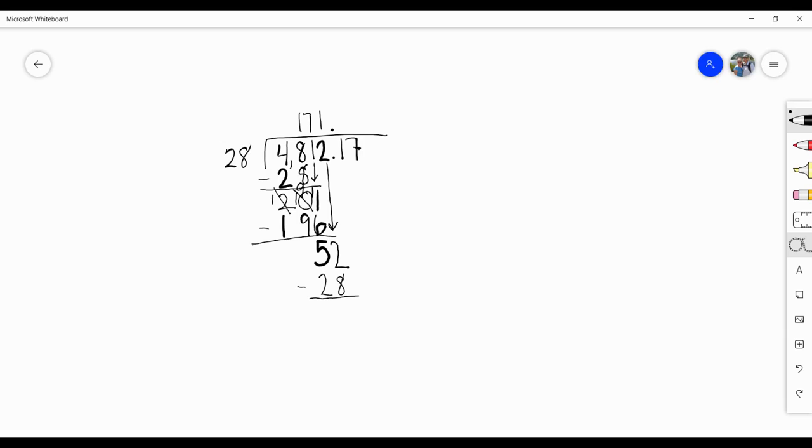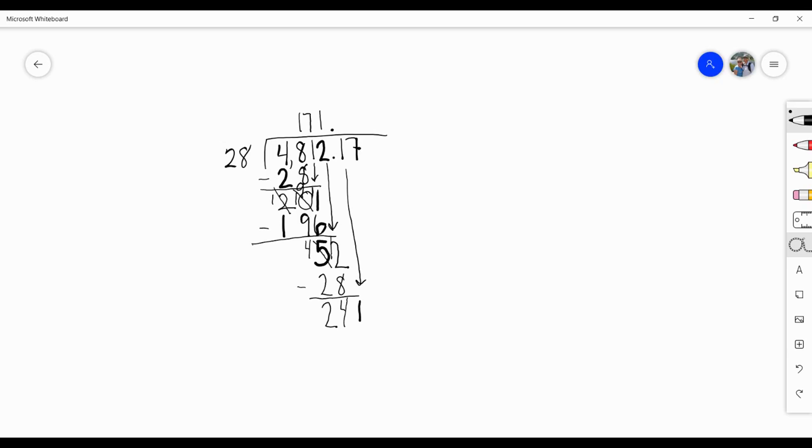I cannot take 8 away from 2, so I have to go and borrow. I can take 2 from 5, so I'm going to borrow from the 5. 5 becomes a 4, and I give my 10 to the 2, which is now a 12. 12 minus 8 is 4. 4 minus 2 is 2. So I have my difference. Now I have to bring down.